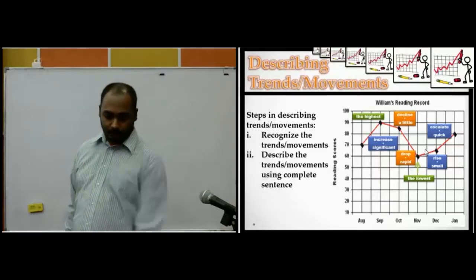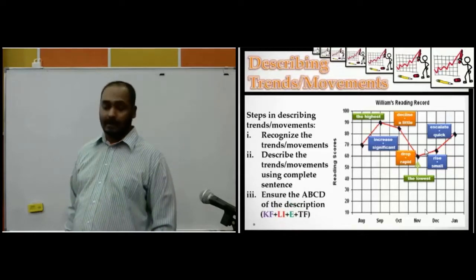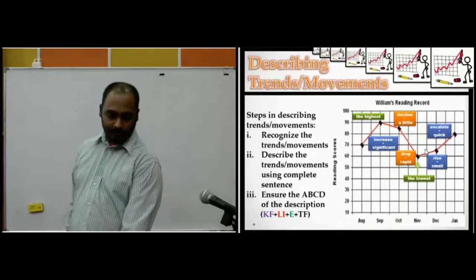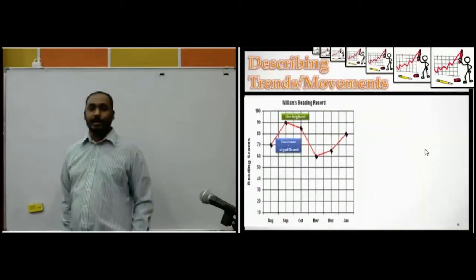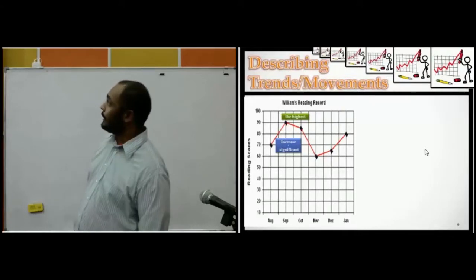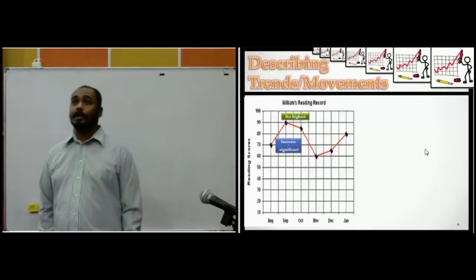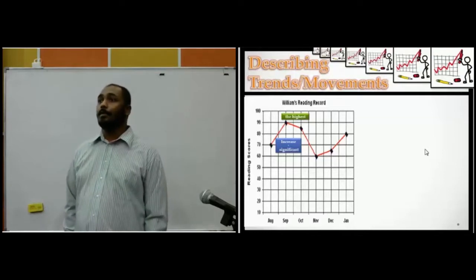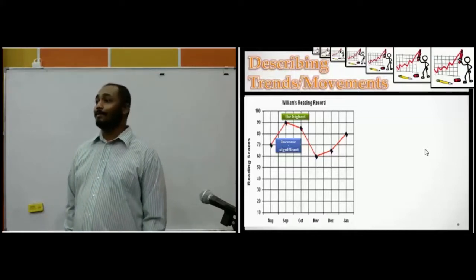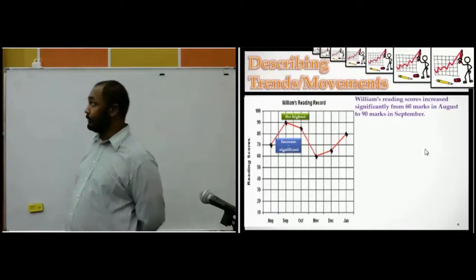Remember the ABCD criteria. First of all, let us see how you can describe this change. I'm going to put the highest and also the first change in this graph together. So how can you combine different information in describing? This is one of the ways to describe.